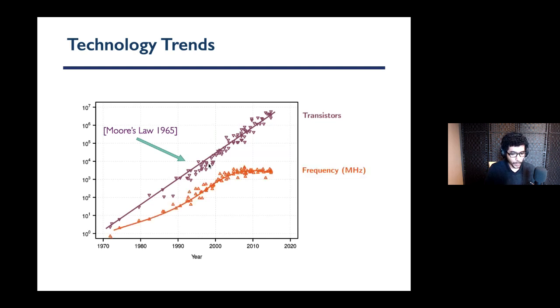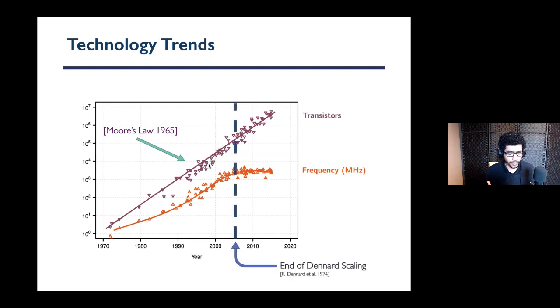For years, we were able to improve the performance of our chips while staying within the power budget, and we were doing that through Dennard scaling. Dennard scaling was a means for us, while we were making our transistors smaller and smaller and putting more and more of them on the chip, to keep their power consumption within a budget. By doing that, we were increasing the performance of our chips while staying in the power budget.